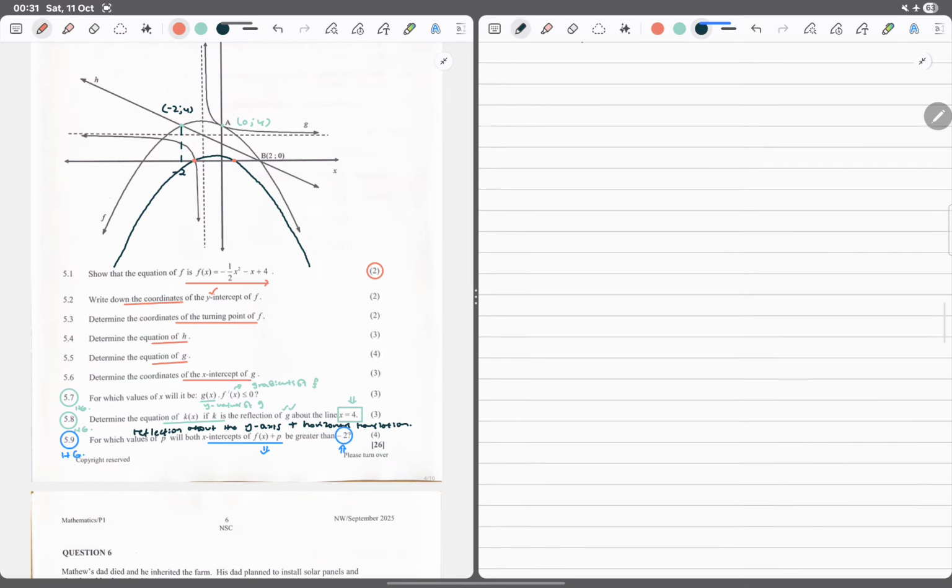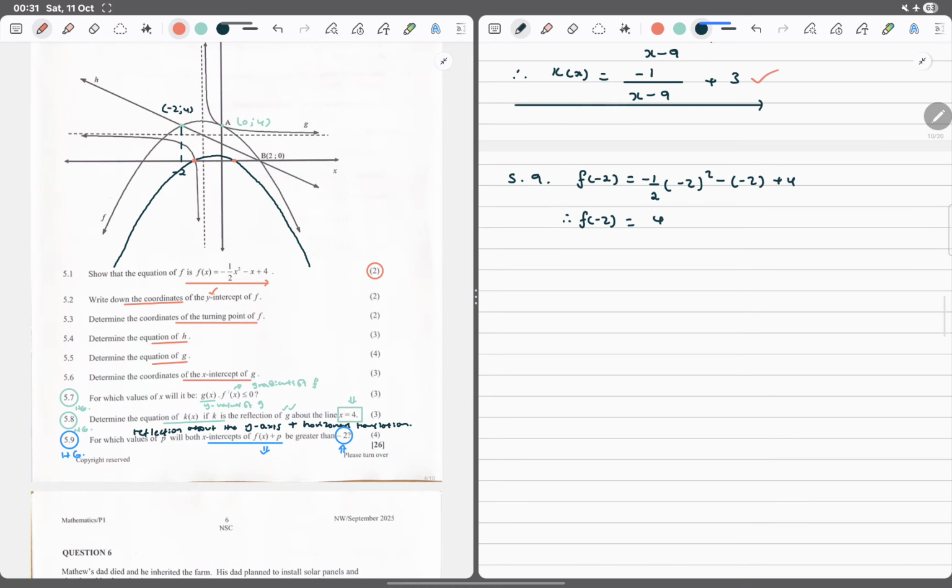So let's see what is the story now. So we will say, well, therefore, we understand that p here is supposed to be a negative value.